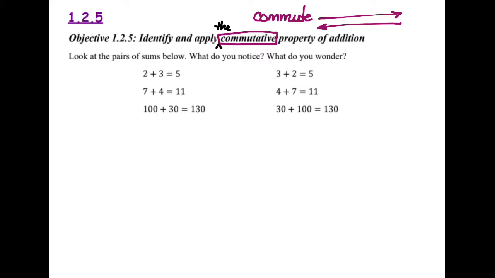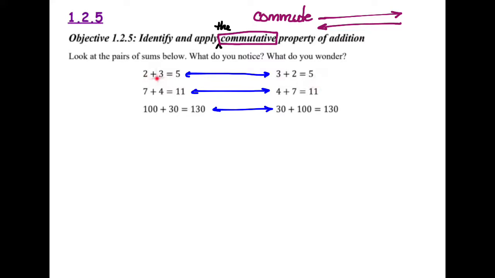So look at the pairs of sums below. What do you notice? What do you wonder? Now when we say the pairs of sums, it means these two, and these two, and these two. Those are the pairs. So the top row, we have 2 plus 3 equals 5, and 3 plus 2 equals 5.